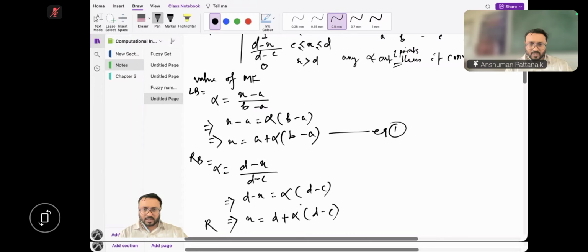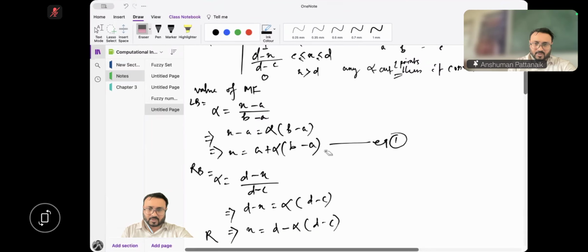This will be minus, not plus. Now this is equation 2.